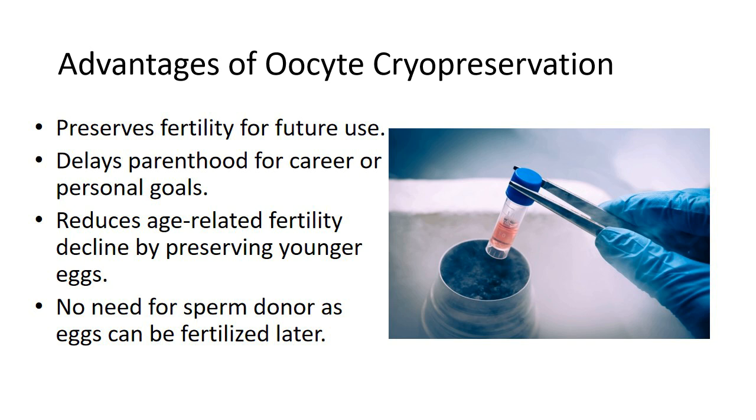Key steps in the process: ovarian stimulation with hormone injections, egg retrieval via transvaginal ultrasound aspiration, and freezing via vitrification for long-term storage. Success rates and risks: higher survival rates, approximately 90% with vitrification.